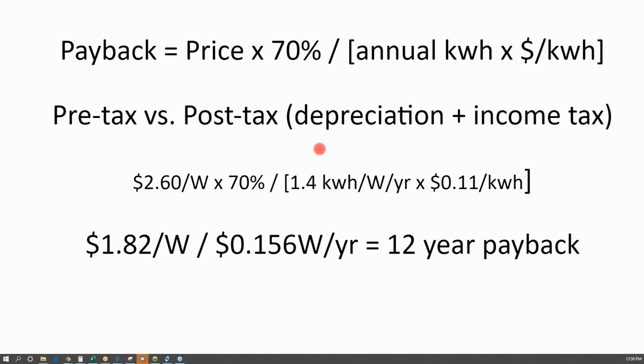I like multiplying how much energy the array produces per watt per year by how much that energy is worth to get me a dollar per watt per year payback metric. So if I have an array that costs $1.80 a watt and I'm generating 16 cents per watt per year, that's going to give me a 12-year payback.